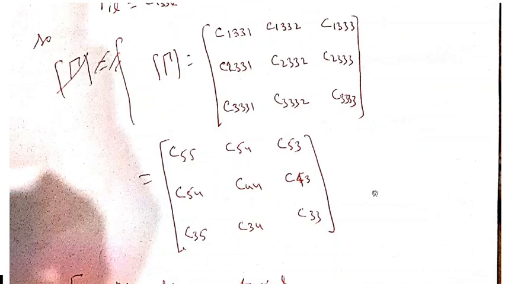When our propagation vector n is along the x3 axis, we have gamma in this form. These are the 9 components of gamma.